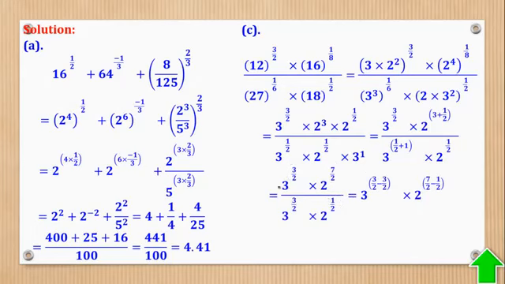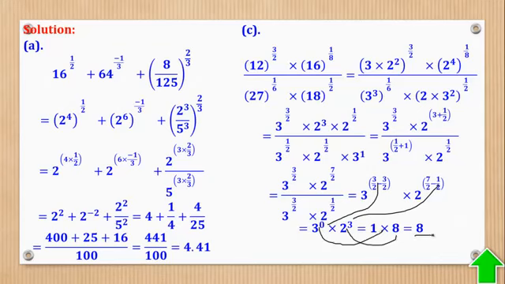Then same base, this is division, so you have to subtract the powers. Also, this is division. You subtract the powers. When you subtract, you come up with this, a power of 0 and a power of 3 here. We already saw that any number at power 0 is 1. And 2 to the power 3 is known as 8. So the answer is 8. And that's what they wanted.